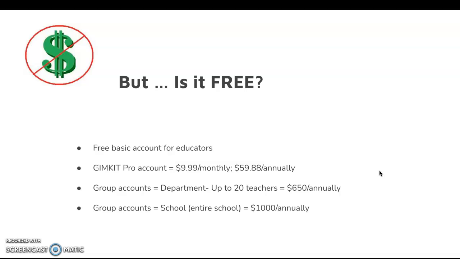So if you're in a department, like for instance, my English department, it's $650 for the year, up to 20 teachers. Of course, we had 26 in our department, so I don't know, sharing logins, maybe not really ethical, but if you can get your school to spring for it, it's $1,000 for the entire school.